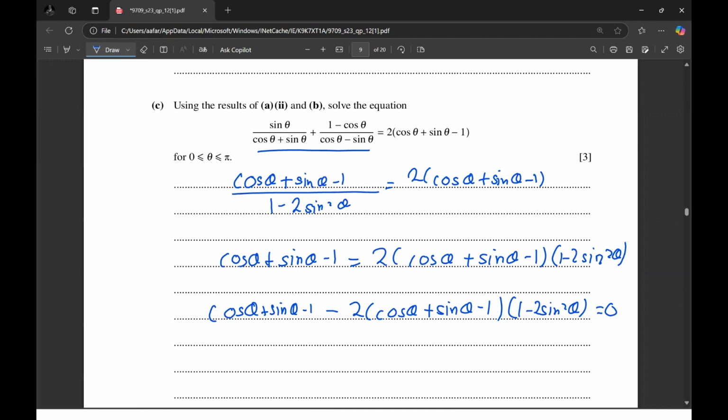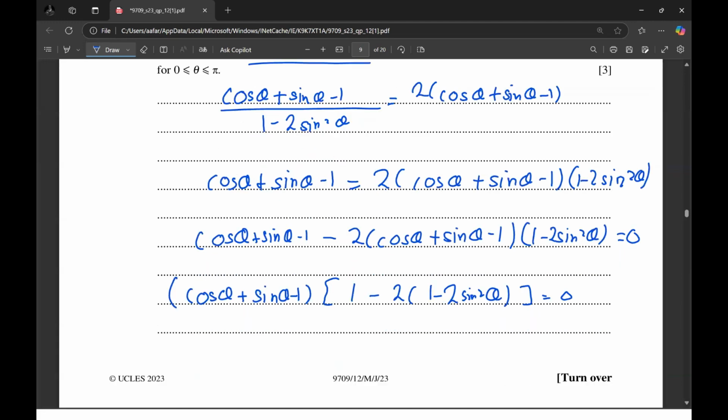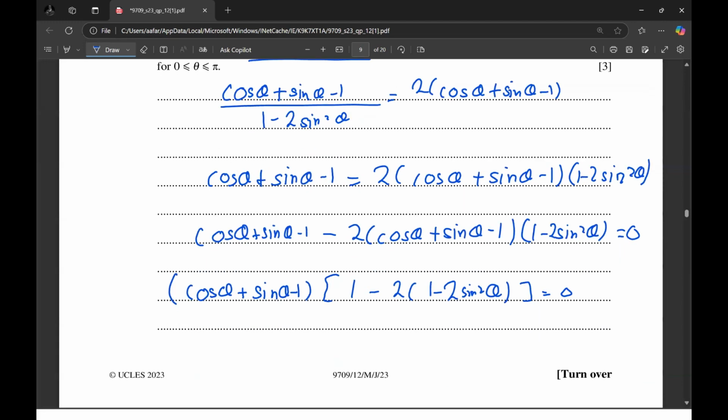Now you can see that we have cos theta plus sin theta minus 1 in both the terms, so we just take that common. Cos theta plus sin theta minus 1, and we'll be left with 1 minus 2 sin square theta, equal to 0.